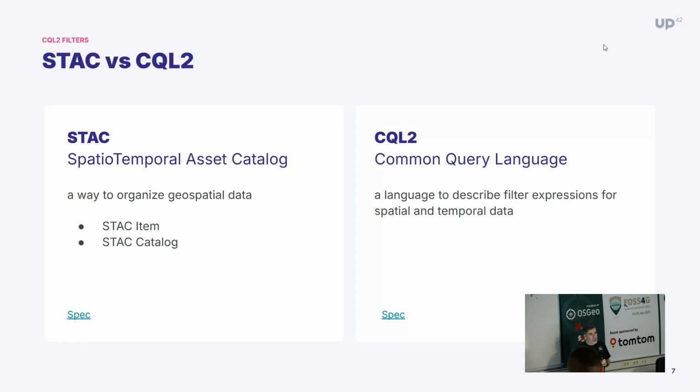So CQL2 filters are an OGC standard to query STAC databases. STAC is also an OGC standard. It's a way to organize geospatial data. There is the STAC catalog, which contains all the data items, and the STAC items are the atomic unit for all the stuff.